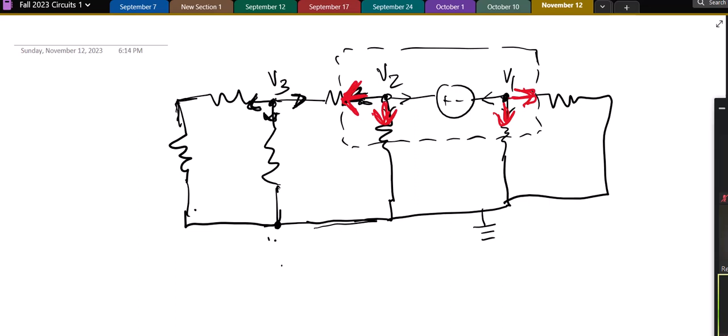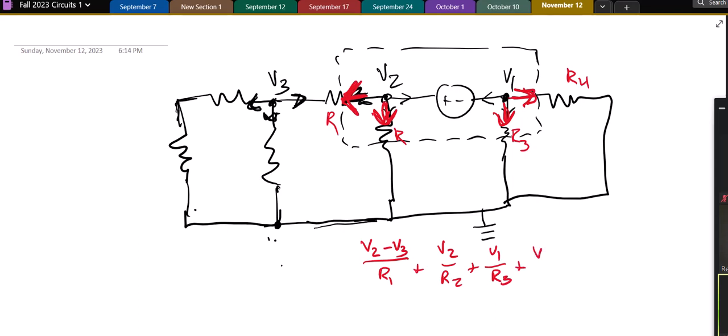And so what I'll have is four currents. So I would have (V2 minus V3) over R1 plus V2 over R2 plus V1 over R3 plus V1 over R4 equals 0.